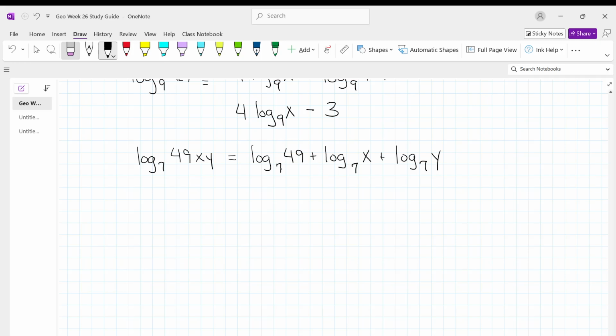And since 7 squared equals 49, log 7 of 49 is equal to 2, and everything else stays the same.